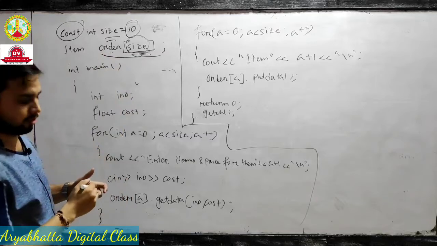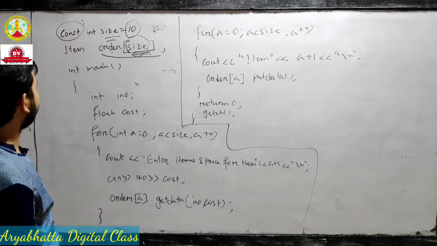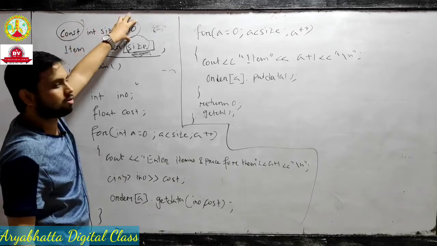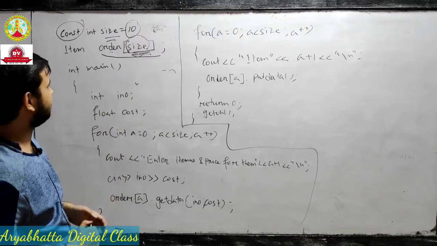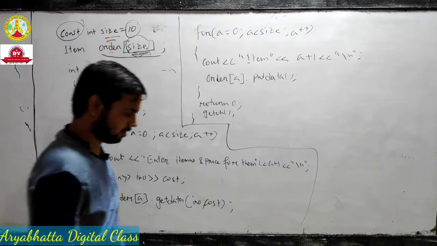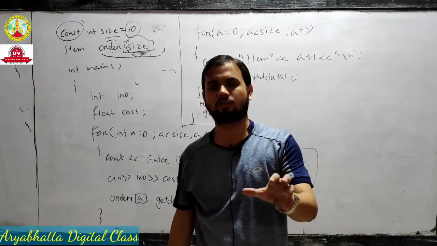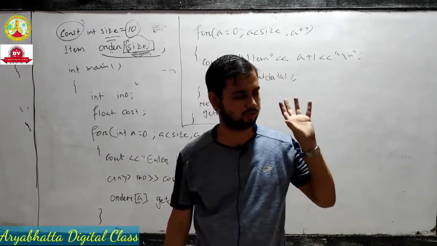Size is an integer variable with the constant keyword. Constant is used because this size is already taken as a constant value 10, and this size variable will never be changed, because we have to input the 10 item details.